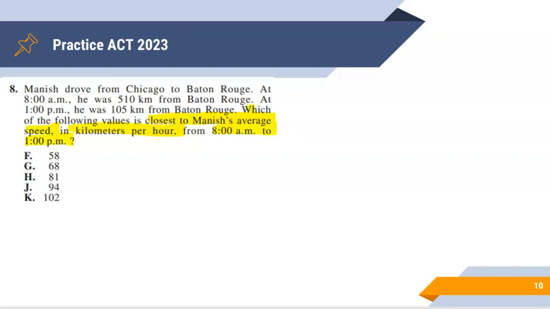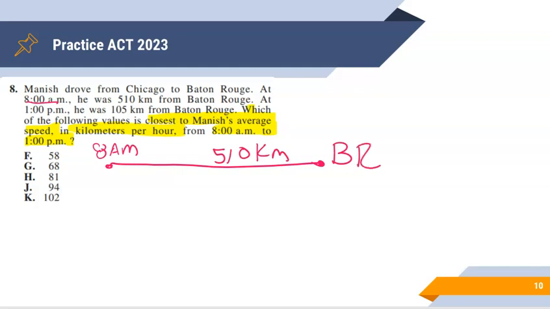It looks like at 8 a.m., he was 510 kilometers away from Baton Rouge, right? And then at 1 p.m., so that'd be way over here somewhere, at 1 p.m., he was 105 miles away from Baton Rouge.